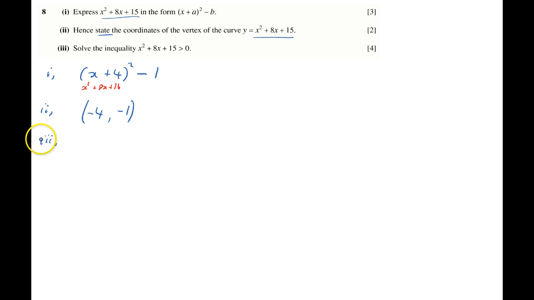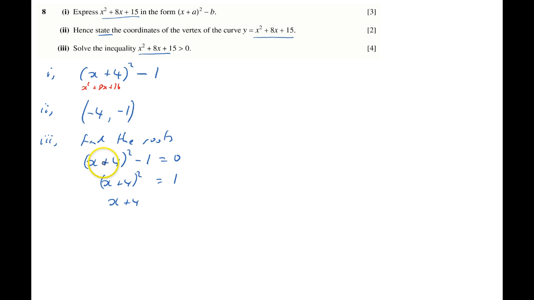Part 3, solve this inequality. Well, first off, that again is the same as I've got here. So I'm going to find the roots first. So I'm going to have that bit equals 0. So x plus 4 squared minus 1 equals 0. So x plus 4 squared equals 1.